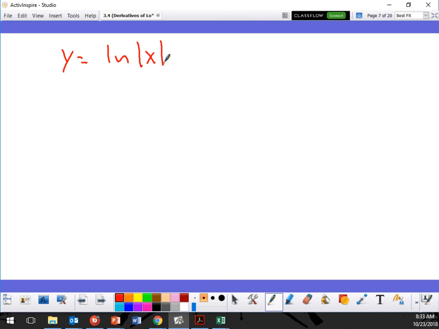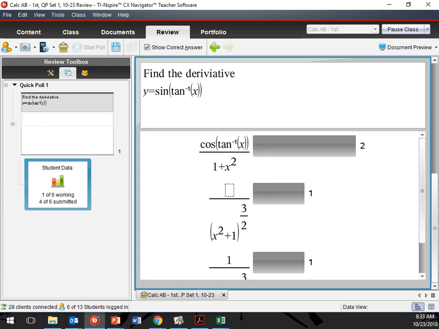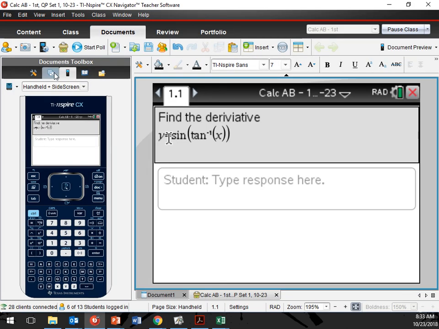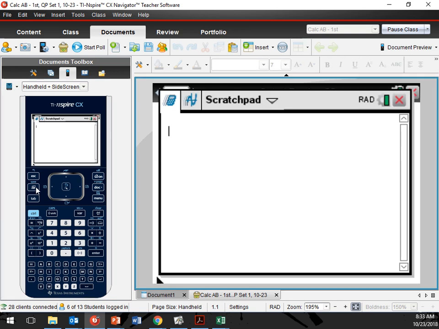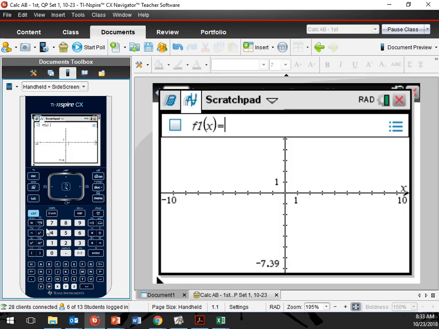Okay, watch this. I'm going to show you guys on the graph at least. There you go. So I have ln of the absolute value of x.